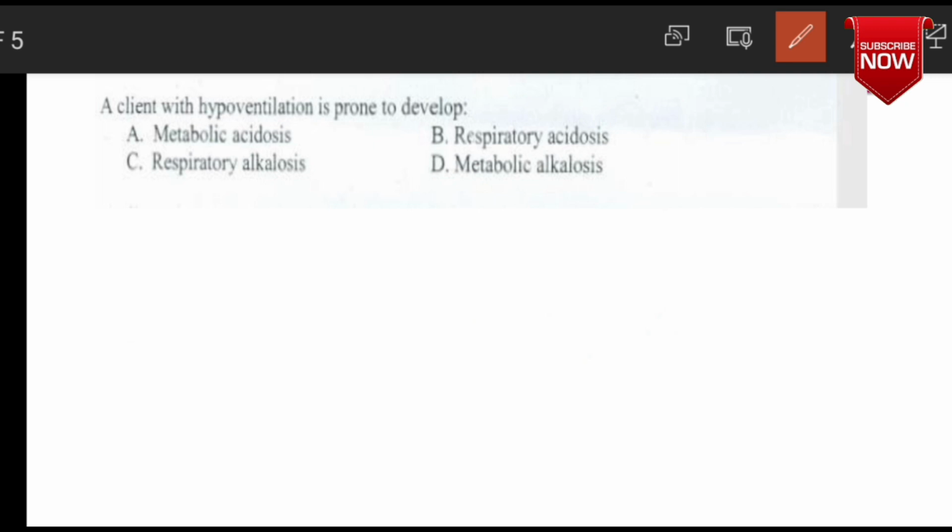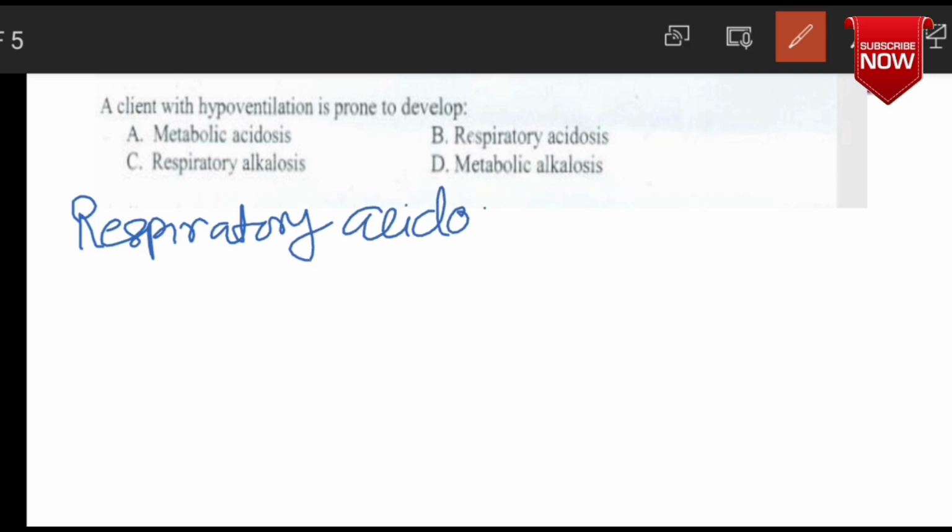First is the respiratory acidosis. I will try to discuss how to solve the ABG value questions. Respiratory acidosis. What happens in respiratory acidosis?